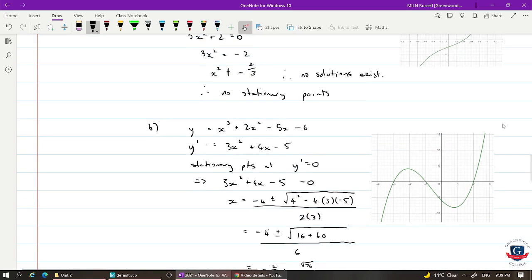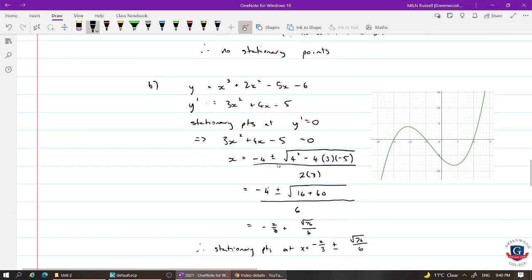For b, we can see from the graph that there are stationary points this time. So I've taken the derivative of this, 3x squared plus 4x minus 5, equals 0. The stationary points are where the first derivative is 0. I've equated this to 0 by replacing this with 0. 3 times negative 5 is negative 15.